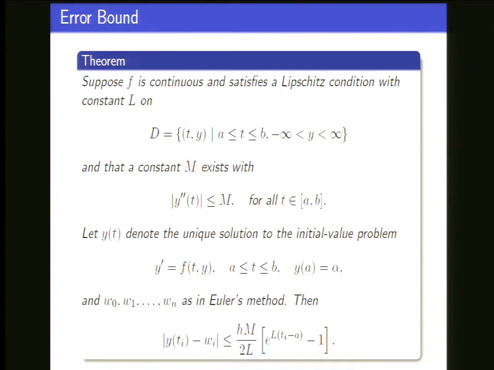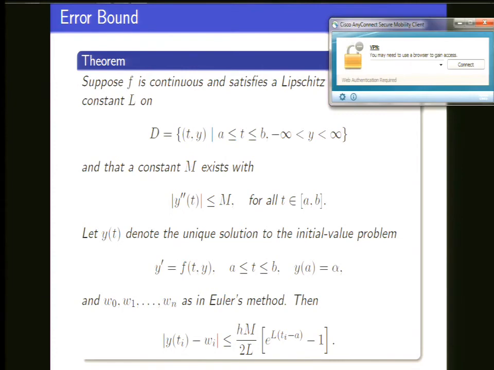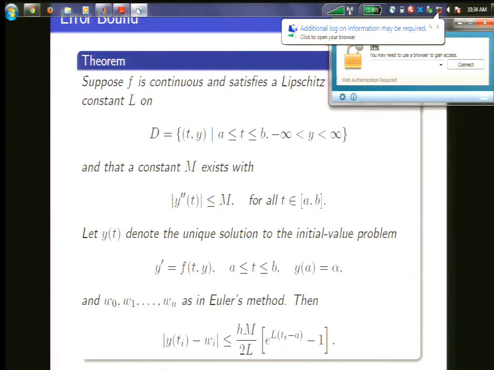In particular, h times i plus 1 is really just equal to time t(i+1) minus a. So this is really equal to e to the L times ti minus a. And then we're done. Yep, exactly done.